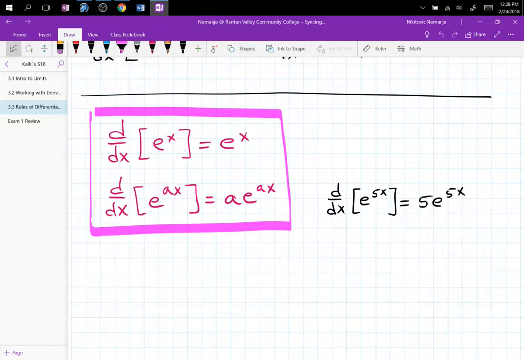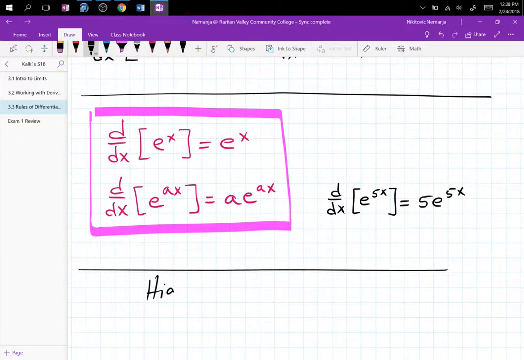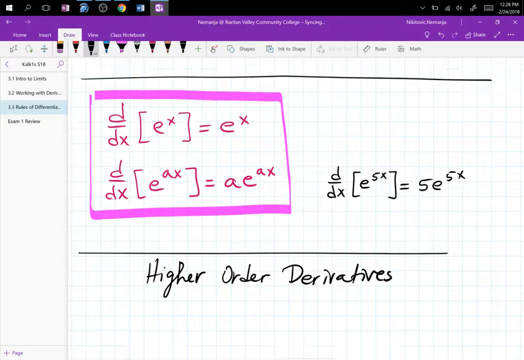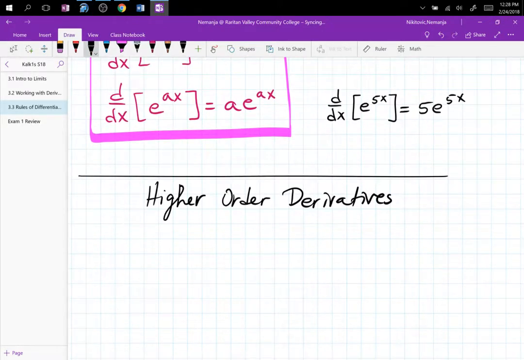So chapter 3, mechanics of taking derivatives. Now we are talking about higher order derivatives. So the order goes, function f of x is actually the 0th derivative.